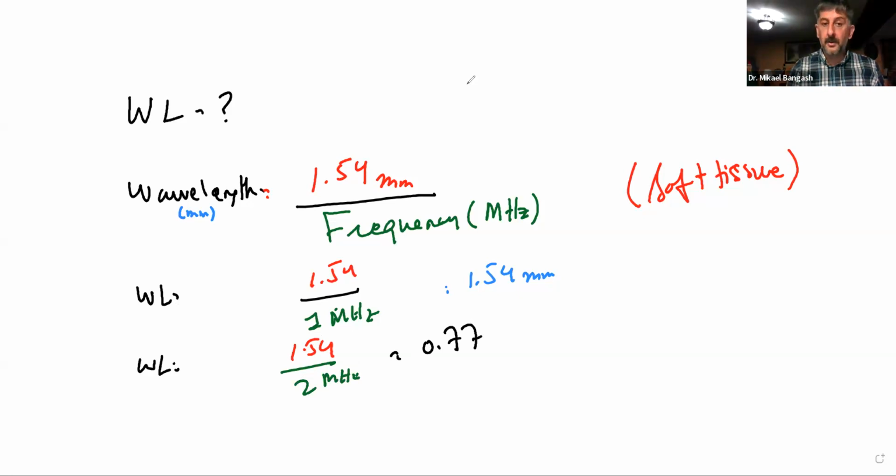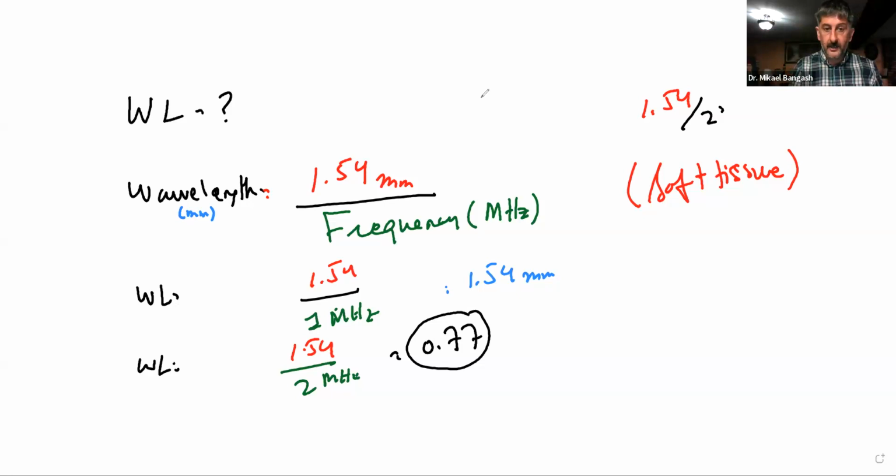Let me tell you guys, this 1.54 divided by 2 is a calculation that you're going to come across again and again. So just remember that that's the value: 0.77777, you can go on with the sevens. Clear?